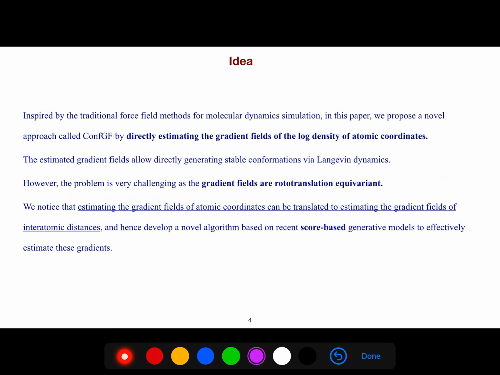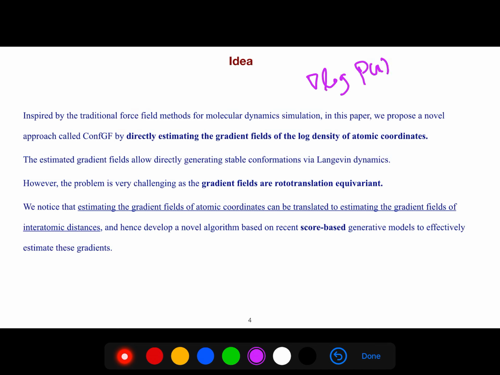Inspired by the traditional force field methods for molecular dynamics simulation, in this paper we propose a novel approach called ConfGF by directly estimating the gradient fields of the log density of atom coordinates.